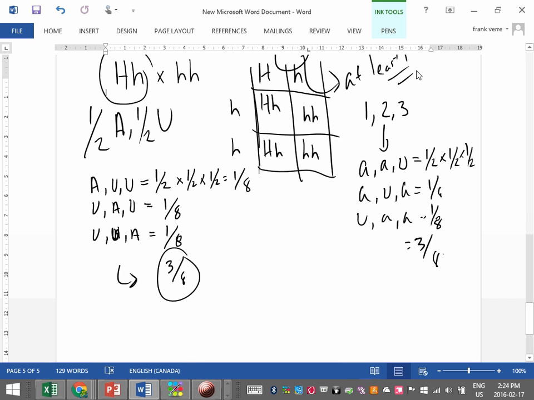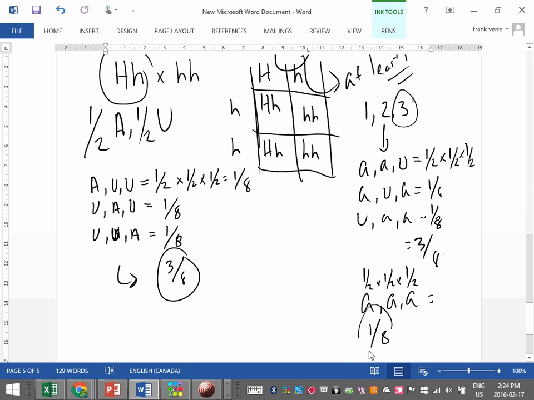And then we have this possibility where all 3 get it, and there's only one possible way that's going to happen. That would be A, A, A, which is 1/2 times 1/2 times 1/2, and that gives us 1/8. And then we say, so now the question is, what are the odds of at least 1 getting it? Well, 3 out of 8, 3 out of 8, 1 out of 8. The answer is 7 out of 8.